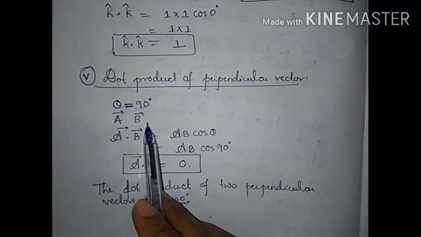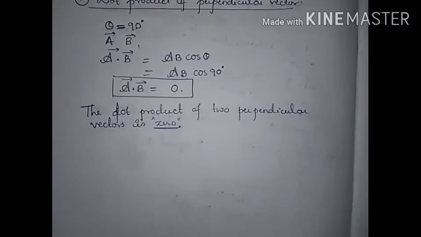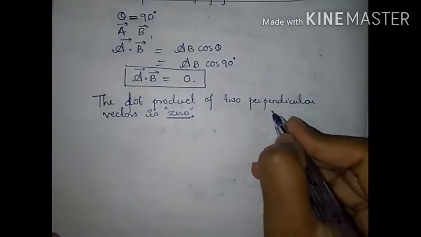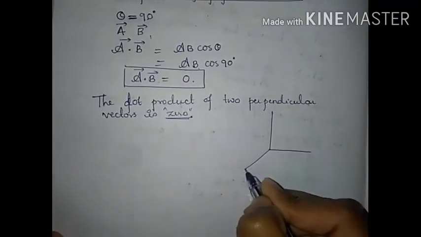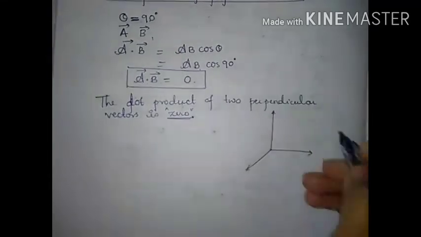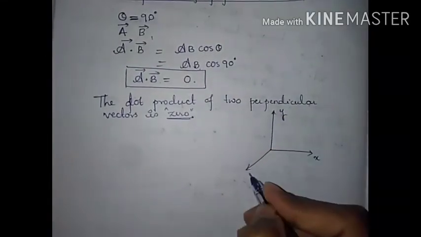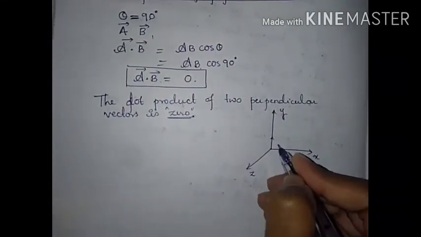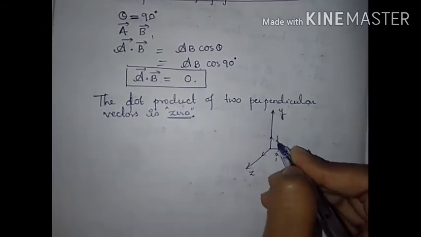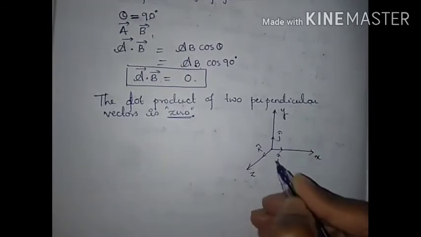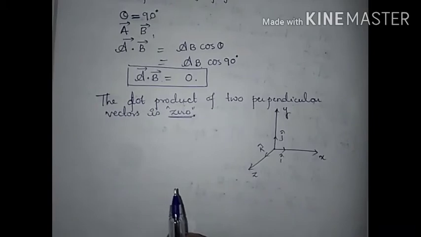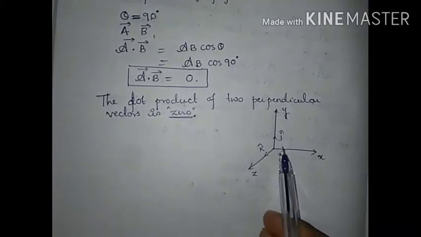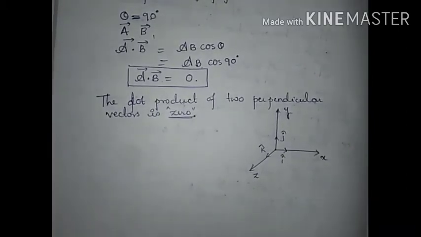Now again let us take the example of unit vectors along x-axis, y-axis and z-axis. These unit vectors i cap, j cap and k cap are perpendicular to each other. So these three i, j, k are mutually perpendicular to each other.